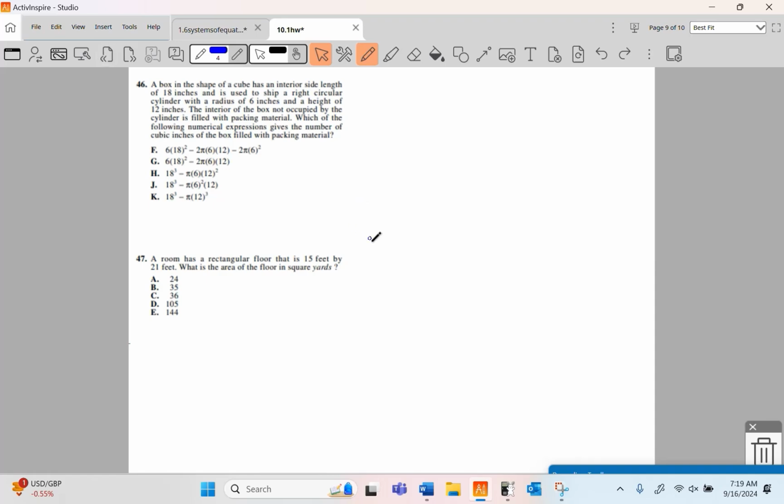So what you have here is a box in shape like a cube, which is a big deal. It says the dimensions are 18. So the volume of the box here is going to be 18 cubed, which throws off F and G.